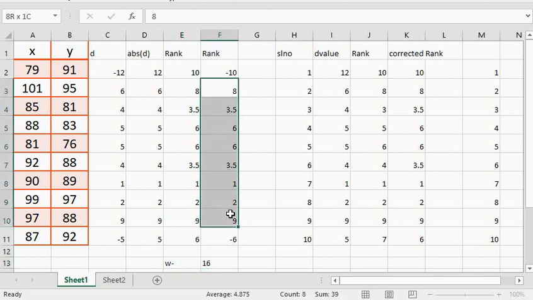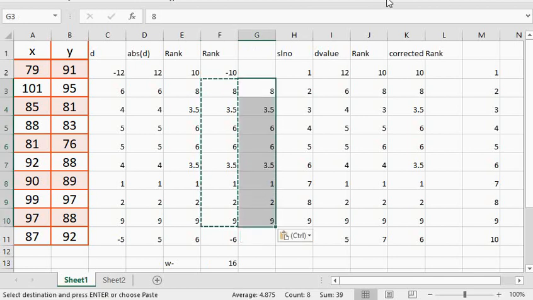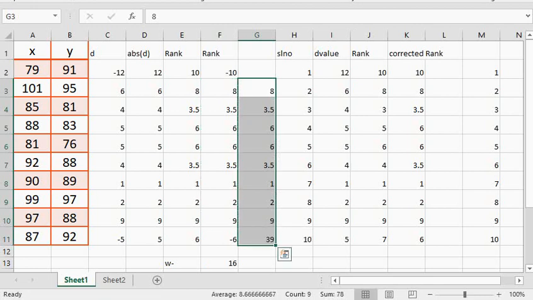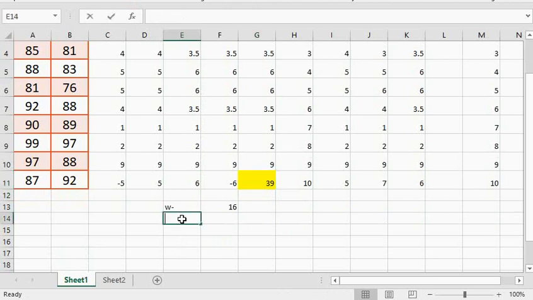The sum of the other observations I got is 39. So W plus is 39.